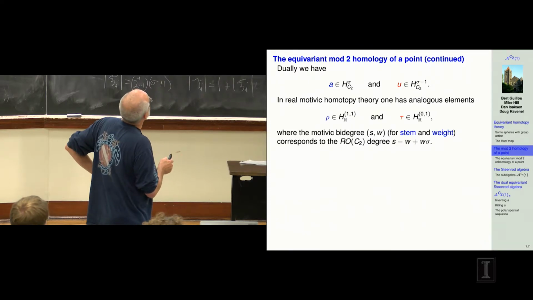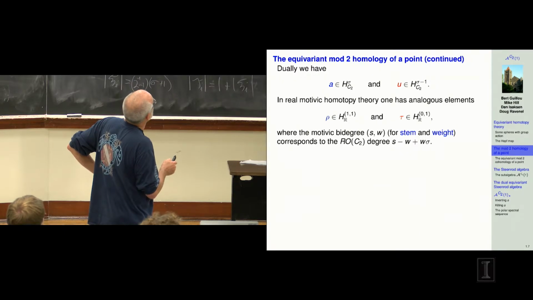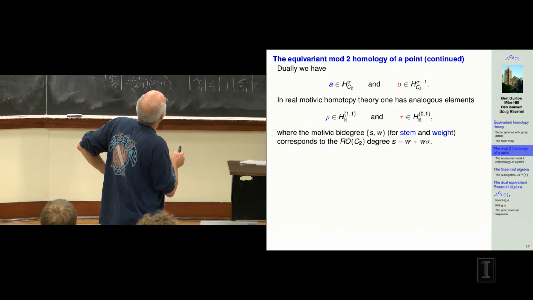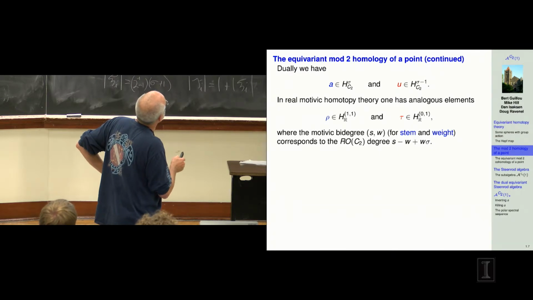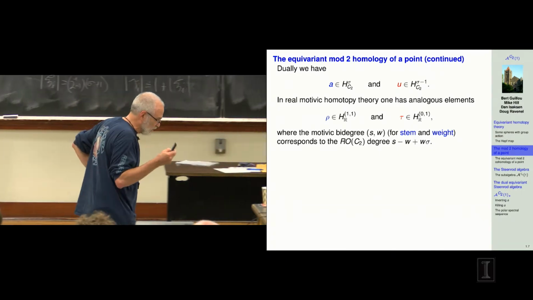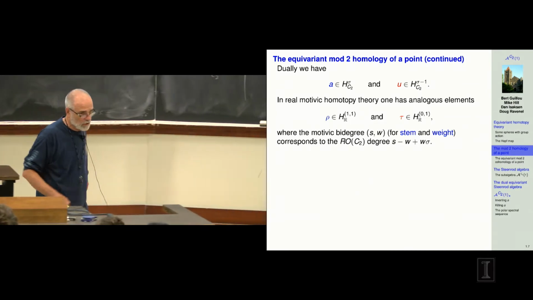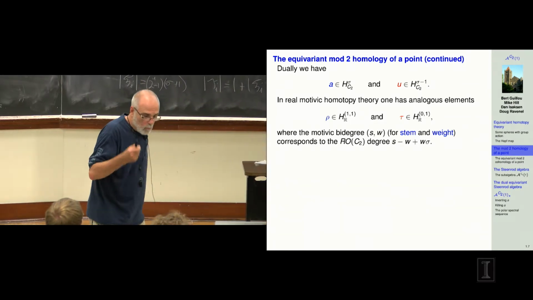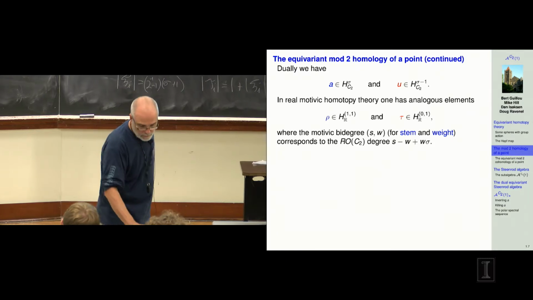So the weight is the number of times that sigma occurs in the picture, and the stem is the total of these two indices. In other words, the dimension of the underlying representation is what the motivic people call the stem, and the weight is the number of times that sigma appears.